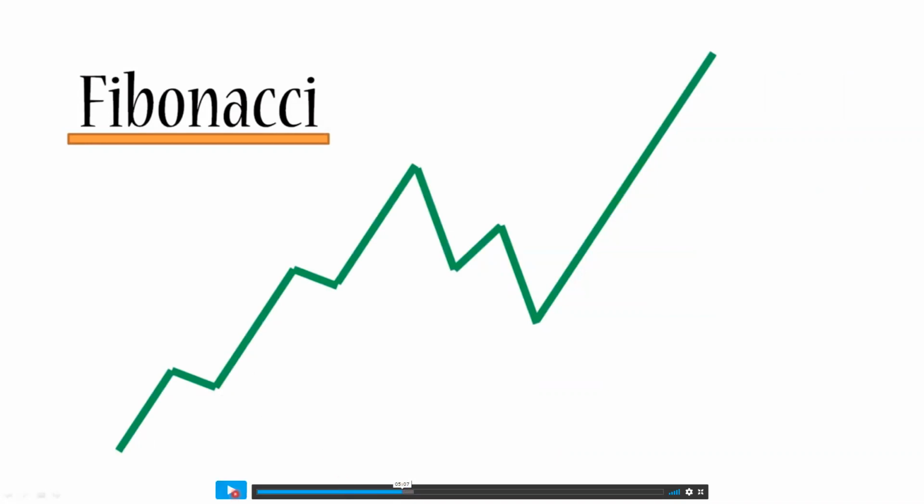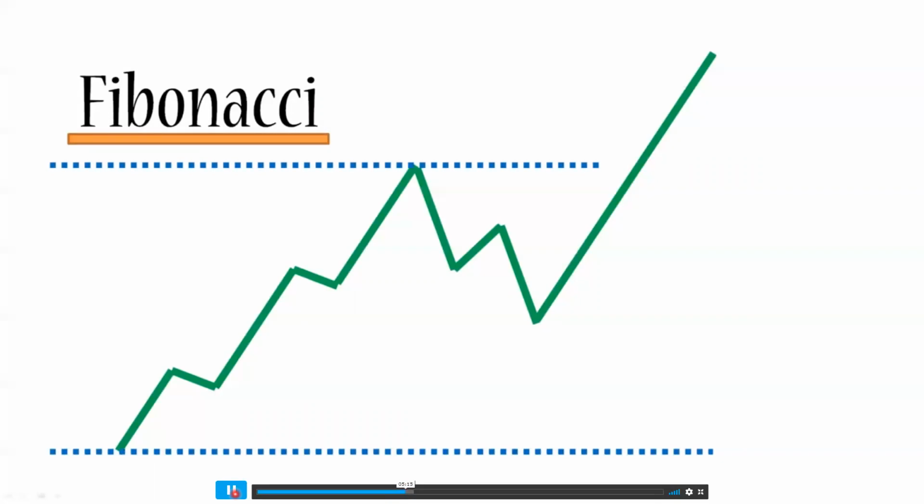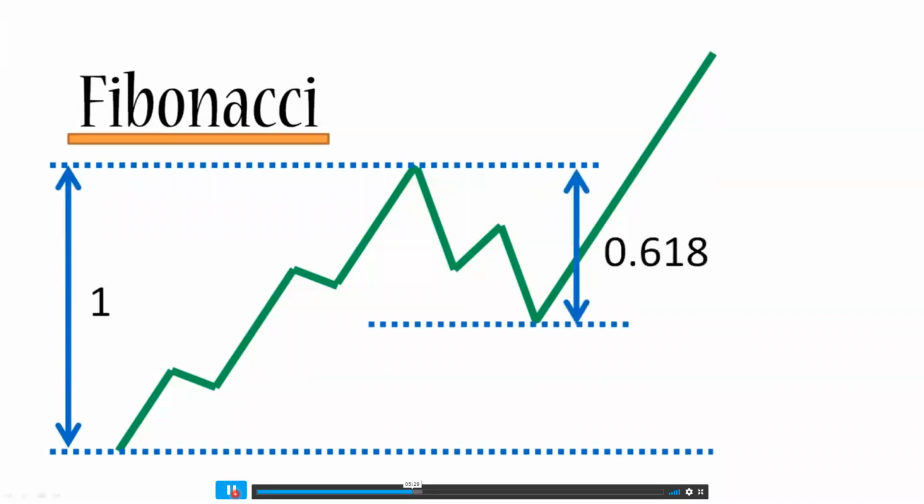Gonna start it now. If this is just a random Forex chart, then very often you'll find that if you measure the distance of your trend, so the main upward part, and take it as 1 unit, and then you measure the distance that the price traveled during the retracement phase, you will often notice that the retracement is equal to 0.618 units.